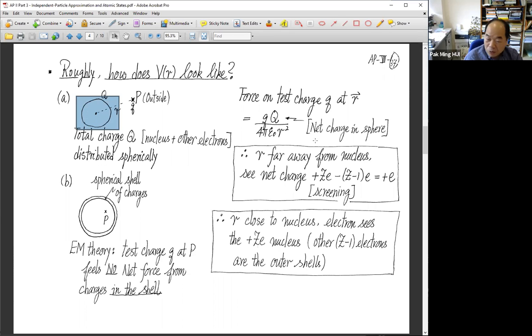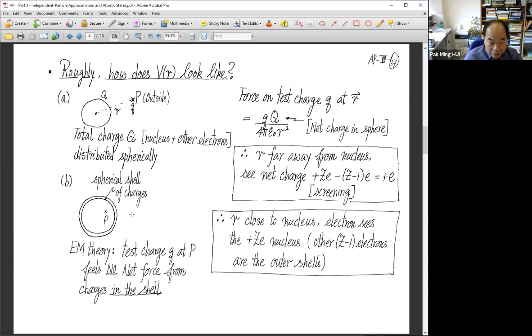Therefore, you expect that far away from the nucleus, what you see as the effective potential is just one charge from the nucleus, okay? Because there is Z-1 electron charge neutralizing part of, or screening out part of, the nuclear charge. Therefore, you would expect a potential energy just like e squared over R.